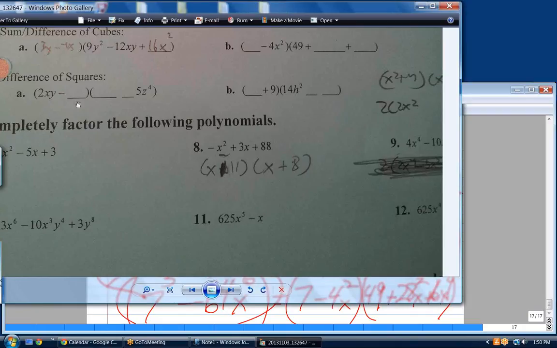Okay, difference of squares. This is pretty easy. What is this term right here? Can you see my cursor when I wiggle it like that? So what does that have to be? 4xy. Difference of squares. A squared minus b squared is a minus b times a plus b.